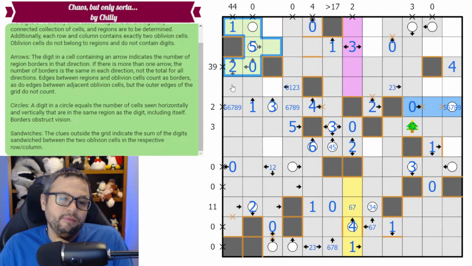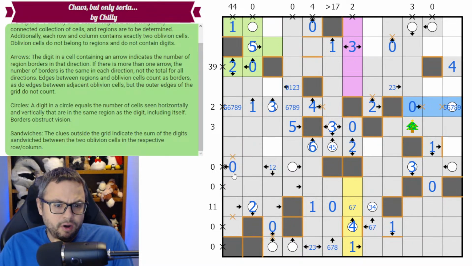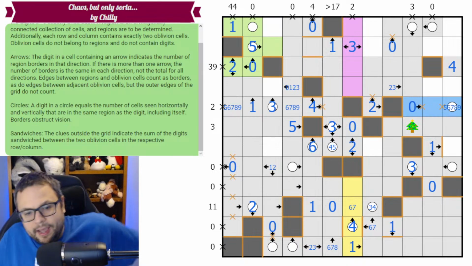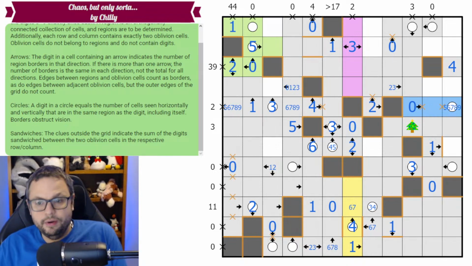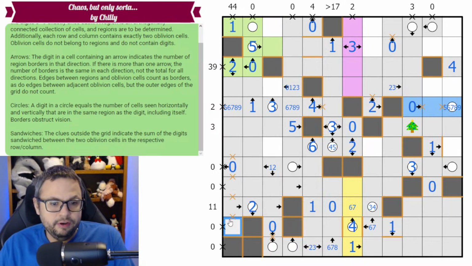So there's only a maximum of 3 more cells that could go here. So the second border is in one of these. So it's not anywhere below that. So Selena's point is none of those can be borders. And so this is a new region.